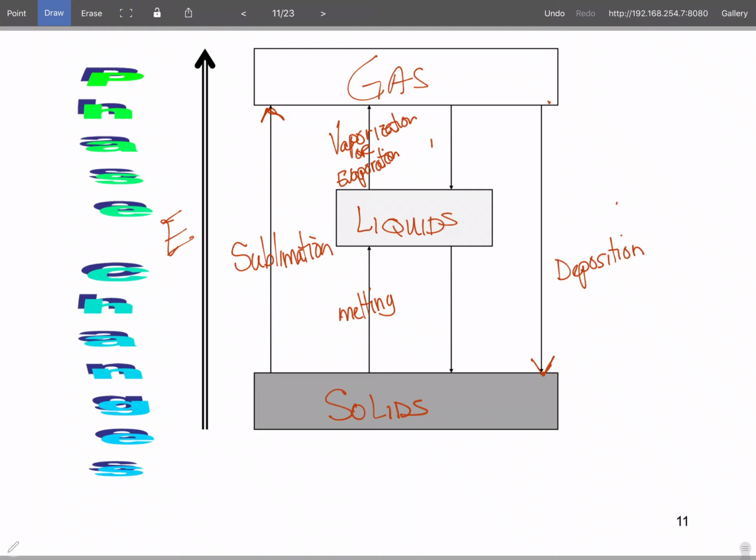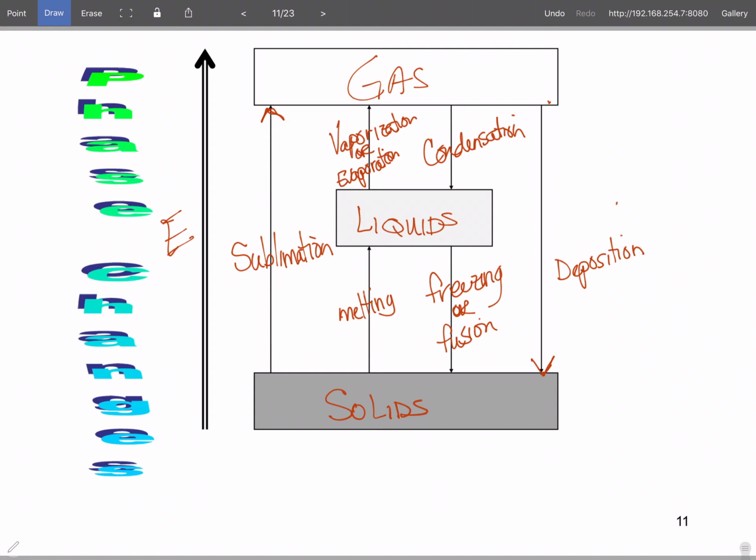Going from a gas to a liquid is condensation. And going from a liquid to a solid is freezing or fusion. Now, the reason why we have two terms here is some of them have become more common and colloquial. Other ones were used. So when we talk about ice formation or ice melting, we're going to talk about the heat of fusion, as opposed to anything else.